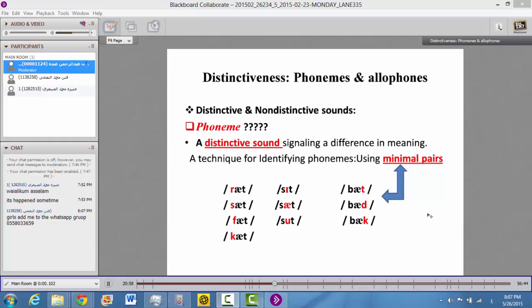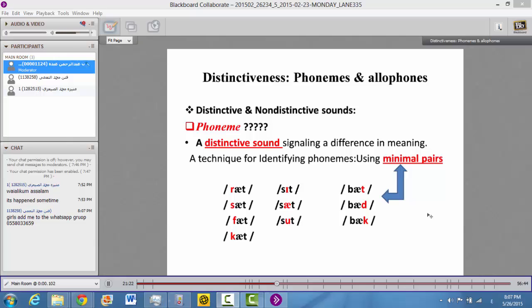Minimal pairs such as the following: rat, sat, fat, mat. Here we have a set of minimal pairs. Sit, sat, suit. Bat, bad, back. Minimal pairs are two words or a set of words that sound alike except for one sound, whether the initial, the medial, or the final one.